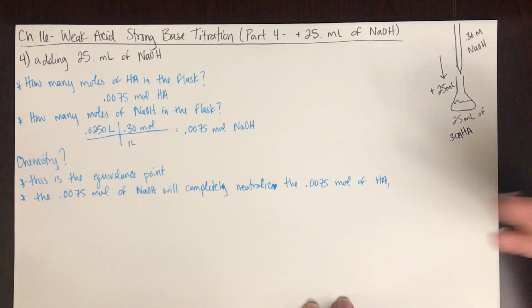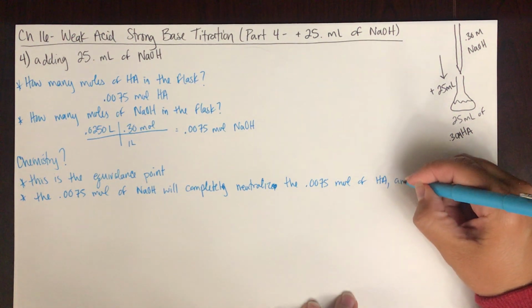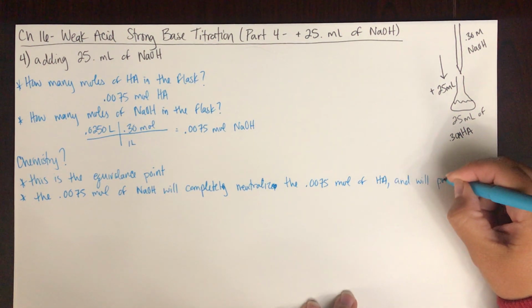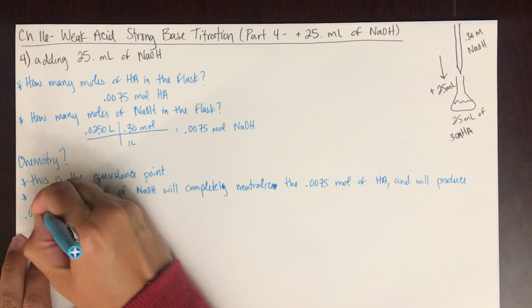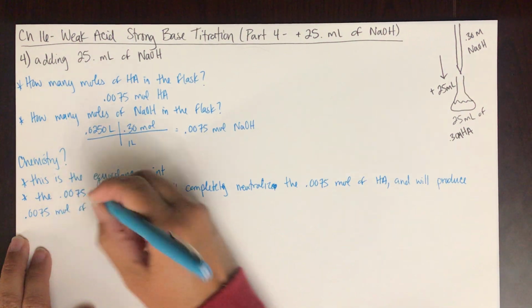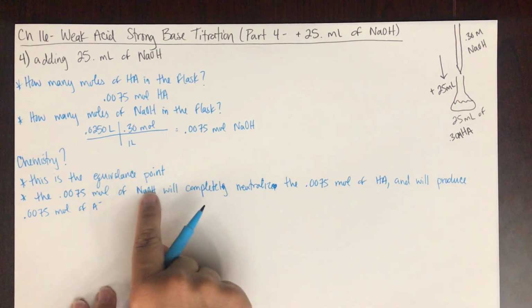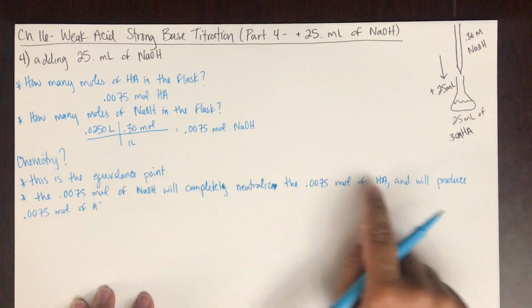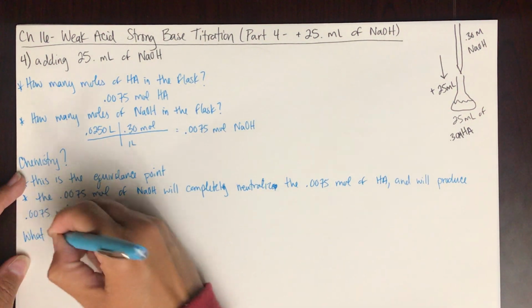But remember, in the neutralization, you also produce the conjugate base and will produce 0.0075 moles of conjugate base. So the sodium hydroxide and the weak acid have totally neutralized each other. So there's none left. So what is affecting the pH?